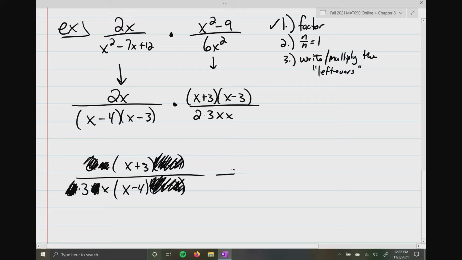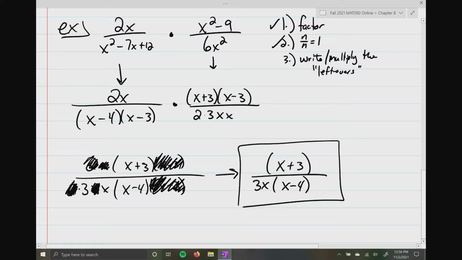So that is going to leave me with, now, n over n is done, so I'm going to write or multiply whatever's left over. So, in my numerator, it's x plus 3. And in my denominator, it will be 3x times x minus 4. And that's it.